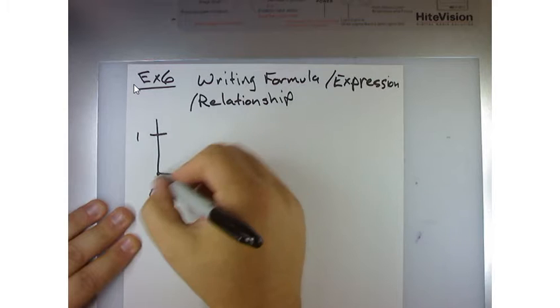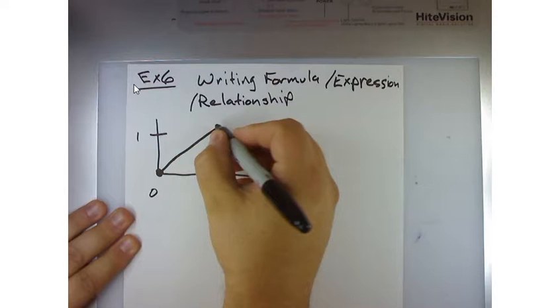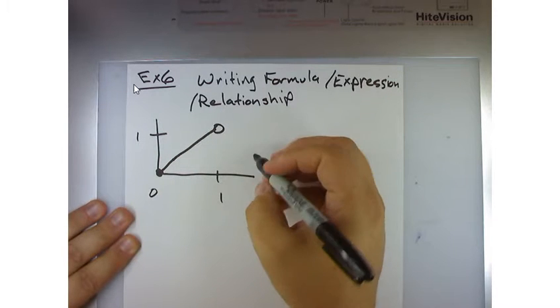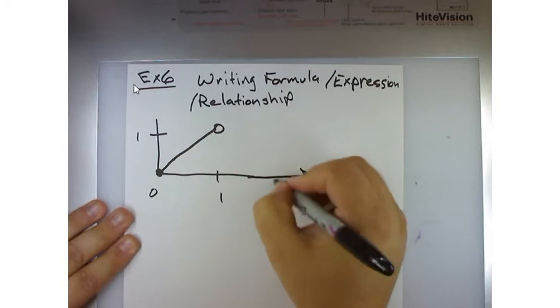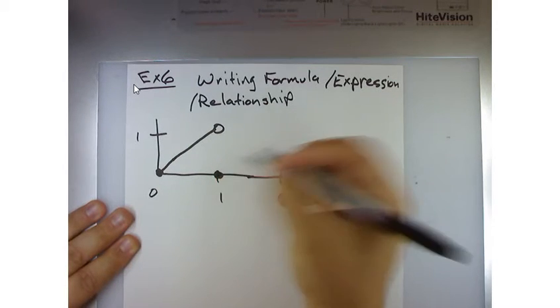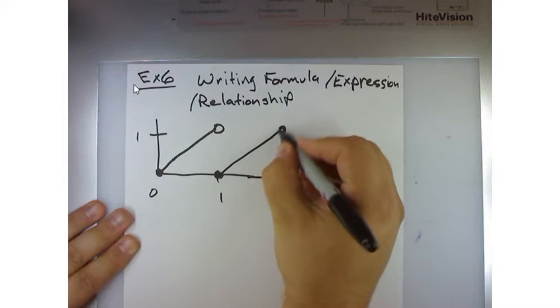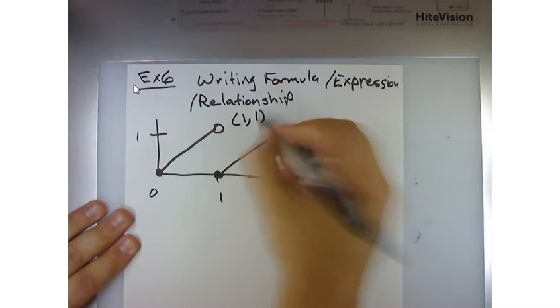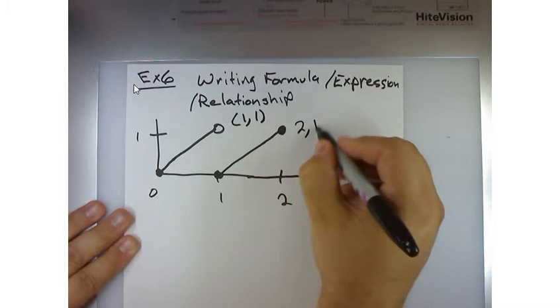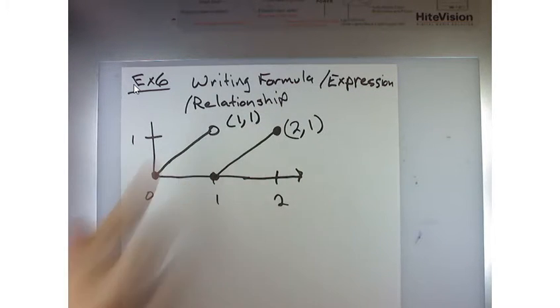And so as we look at this graph, does that pass the vertical line test?